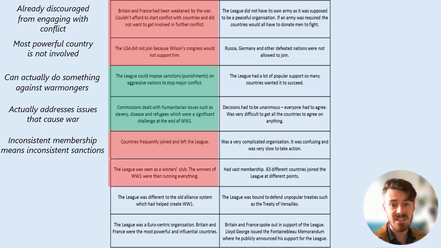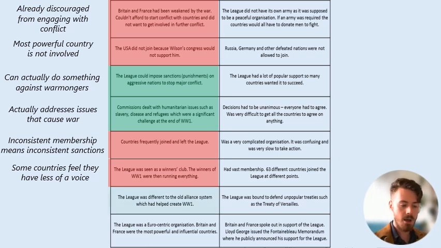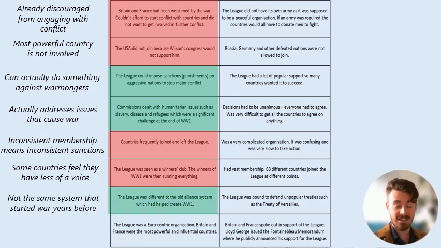It was seen as a winner's club, as in you won the war, so you get to decide how the world works now. And so the countries that lost the war came in with a mentality that we're not a member of this club. We don't get a choice. We're just being forced to do this, just like Germany was with the treaty, right? It was a different system, so it was less likely to cause war than the old alliance system that was being used beforehand.